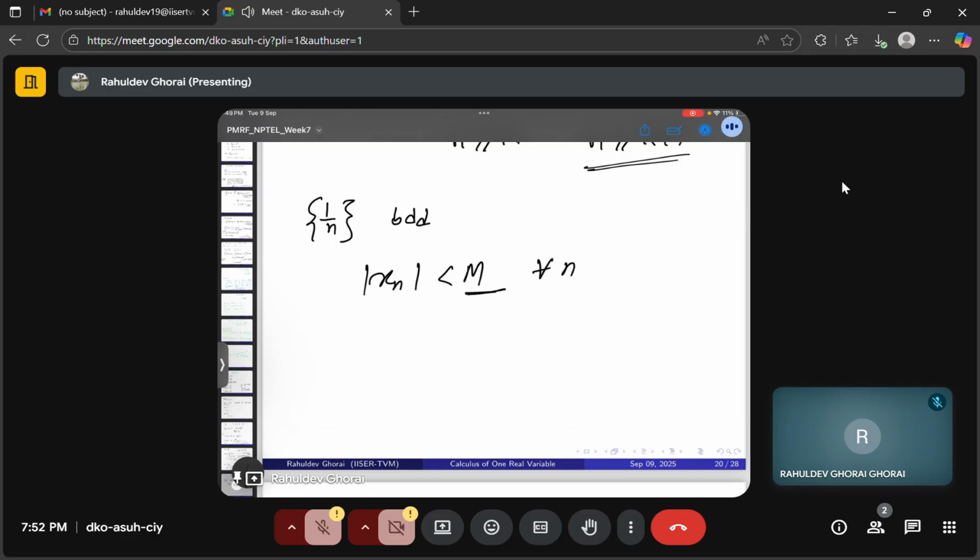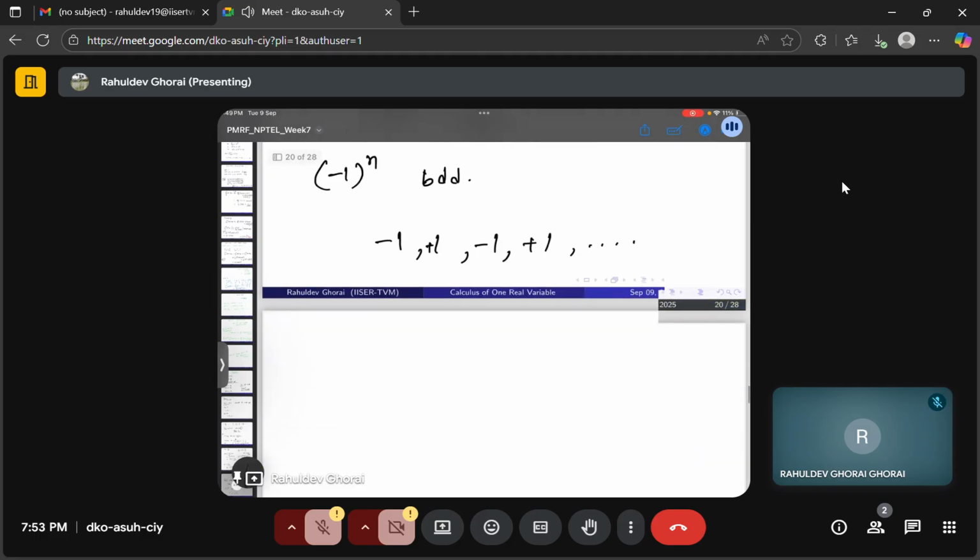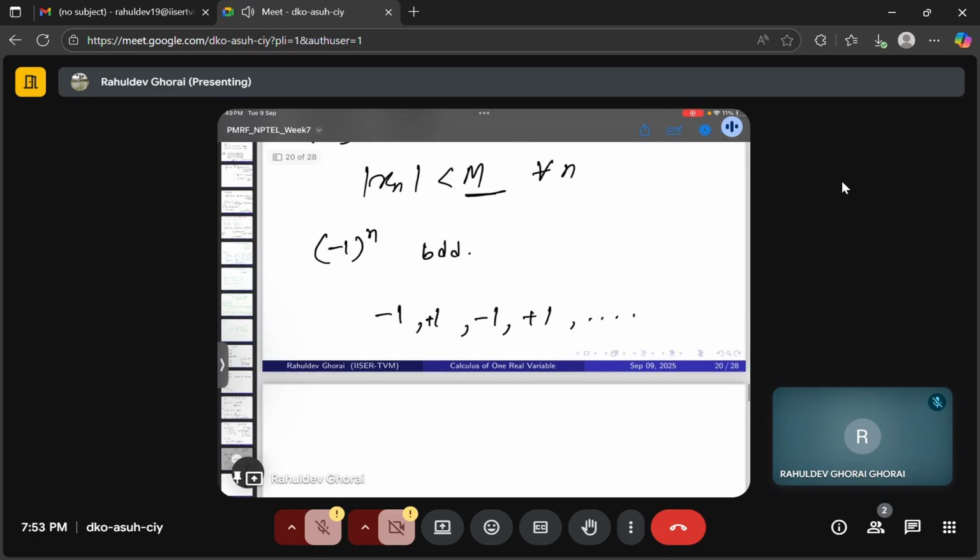M should not depend on n, of course. So the 1 by n sequence is a bounded sequence. Minus 1 to the power n is also a bounded sequence, right? First it will be minus 1, then plus 1, then minus 1, then plus 1, and keep going. So you can see it's a bounded sequence, but it's not converging, right? It keeps oscillating.